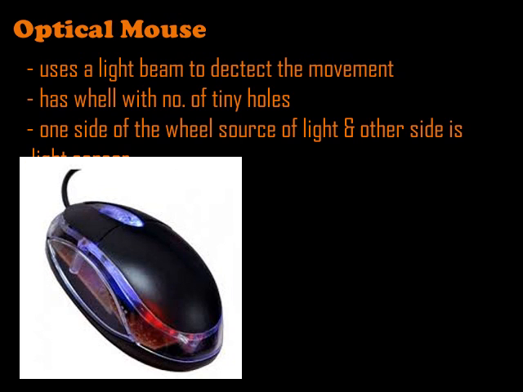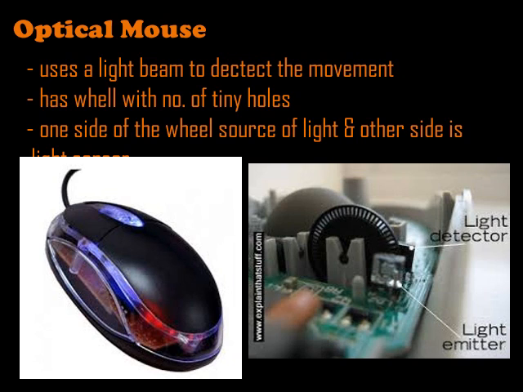Next type of mouse is optical mouse. It has light beam instead of ball to detect the movement. It has a wheel with a number of small holes. One side of the wheel is source of light and the other side is light sensor. As the wheel turns, a light flashes through the holes and the light sensor sends the corresponding information to the computer.